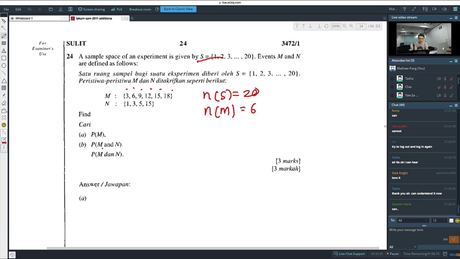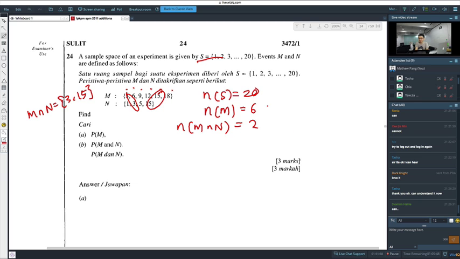Then M and N: we want to find M intersect N, meaning both of them have 3, both of them have 15. So it's only 2 numbers, 3 and 15. Or you can write M intersect N equals 3 and 15. But it's only 2 numbers.